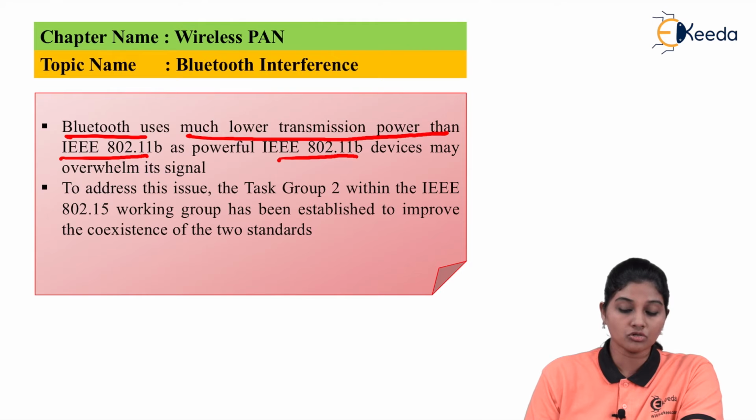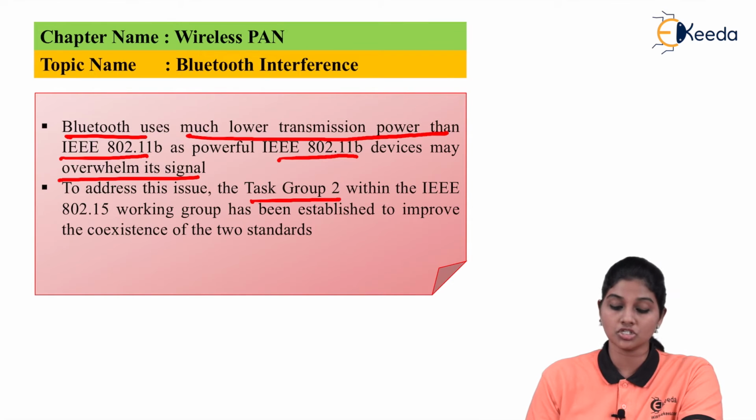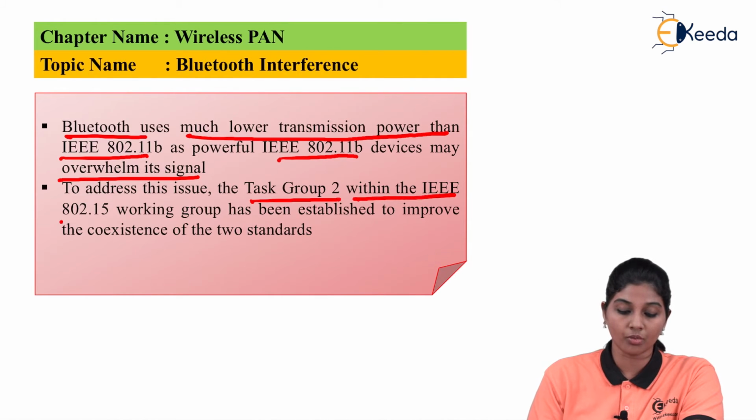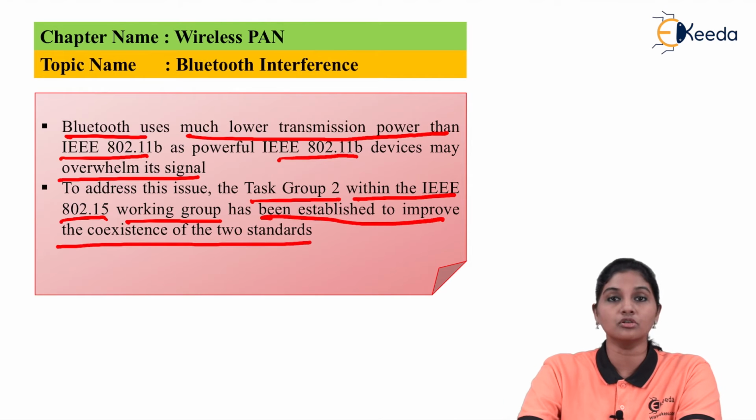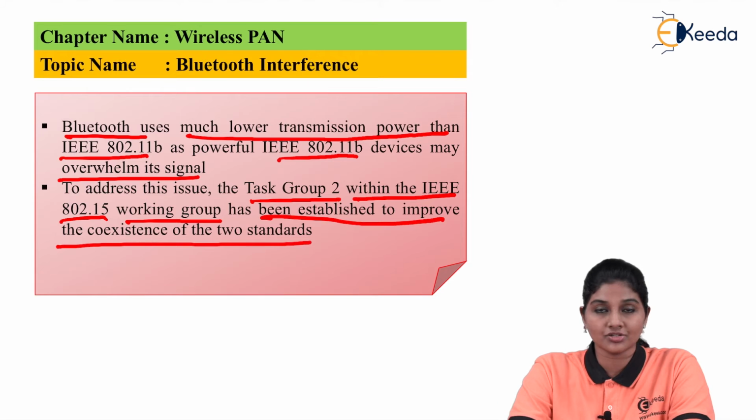The IEEE 802.11b devices may overwhelm its signal. To address this issue, Task Group 2, that is TG2, within the IEEE 802.15 working group has been established to improve the coexistence of the two standards. So Task Group 2 basically helps in reducing the interference from the other signals.